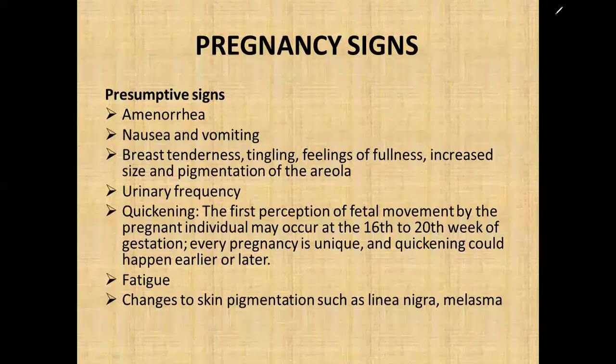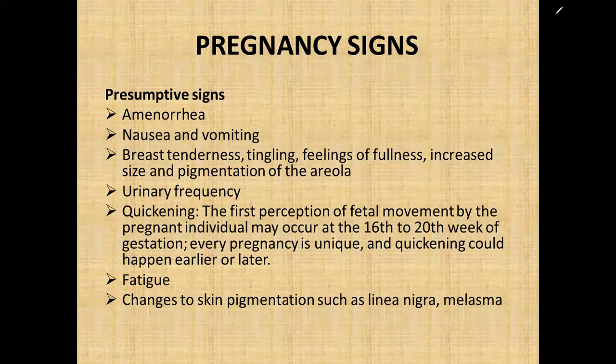It's a presume. So it gives you an idea that probably the person is pregnant. That is why it says presumptive sign. It is not conclusive. I hope you get it. Presumptive signs can also come about due to other issues. The person could have other medical problems causing amenorrhea, right?